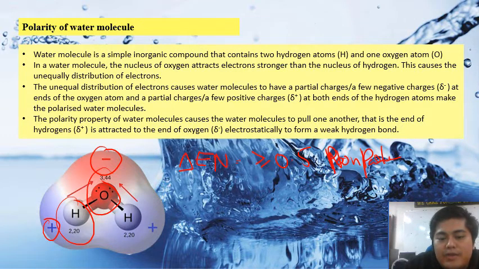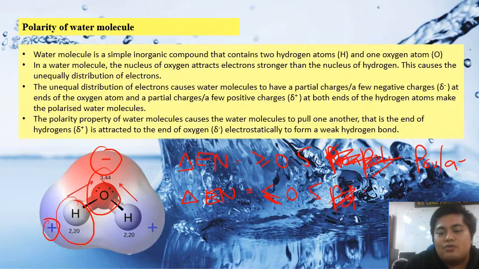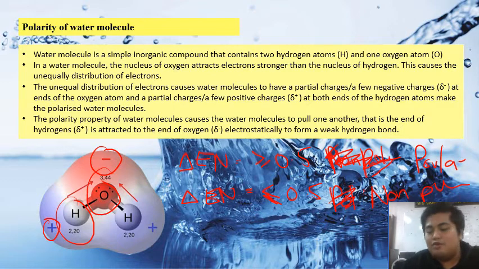Kalau beza antara electronegativity kurang daripada 0.5, maksudnya dia adalah non-polar. Contoh non-polar, contohnya macam lipid. Lipid tu non-polar lah tu.